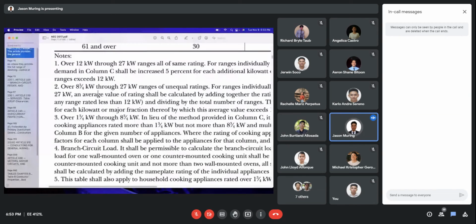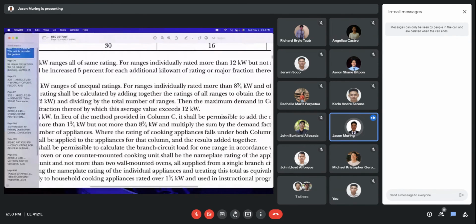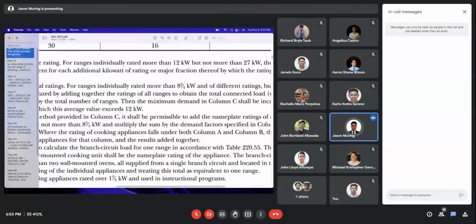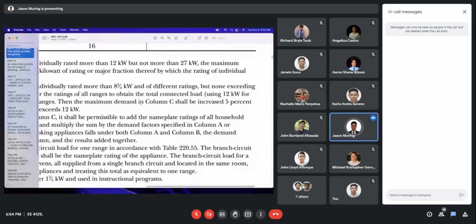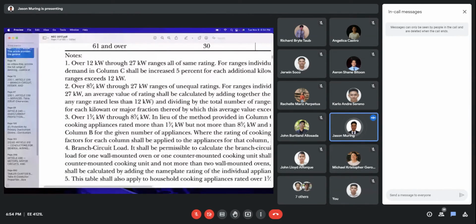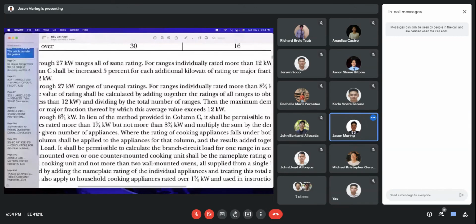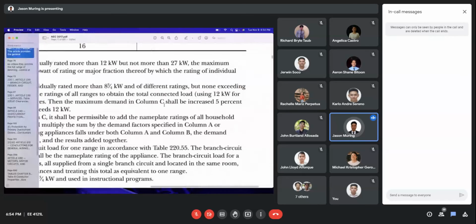That is always the limiting rating, 27 kilowatts. Then an average value of rating shall be calculated by adding together the ratings of all ranges to obtain the total connected load, using 12 kilowatts, and dividing the total. So we apply column C.